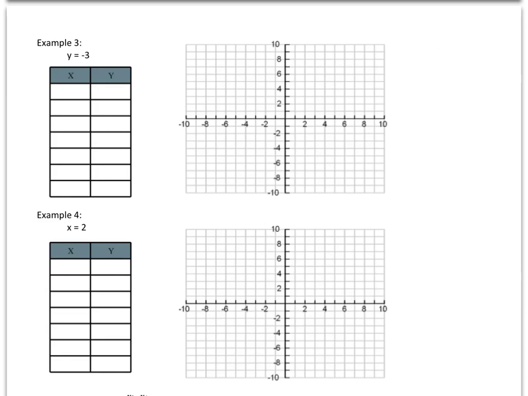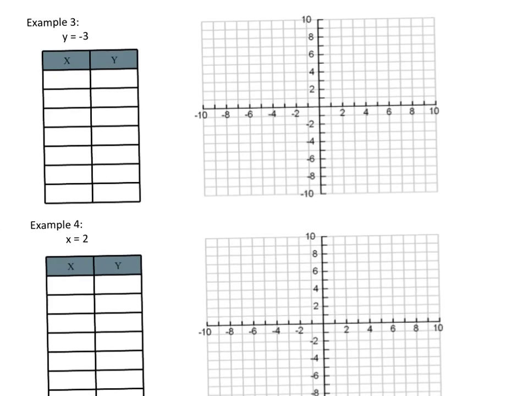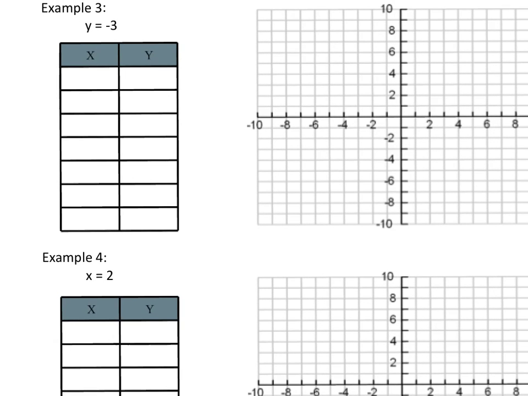Now, here we have, again, if we were to plug in, I'm going to zoom in here. If we were to plug in -3, -2, -1, 0, 1, 2, and 3, there's no place to plug an x in. So in other words, no matter what we plug in, we will get -3.